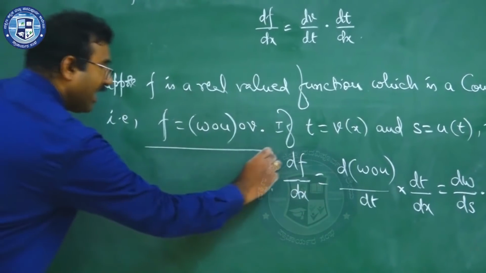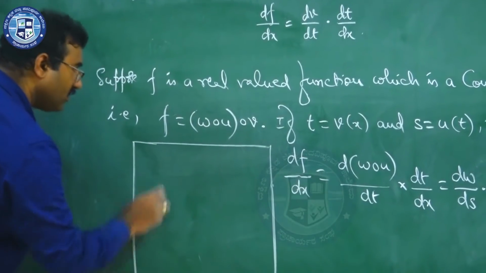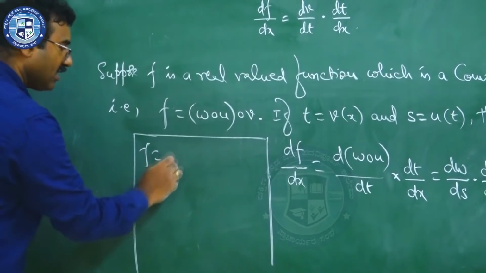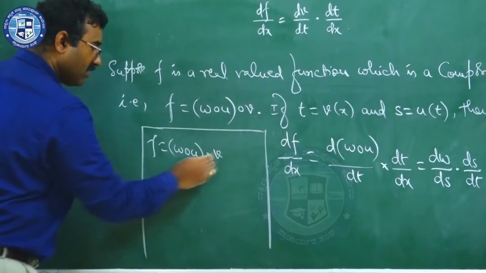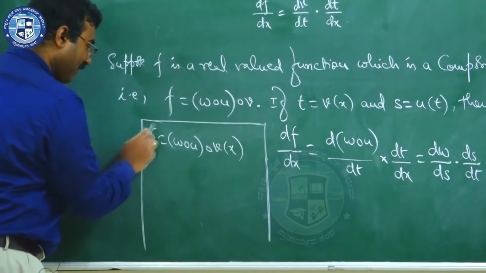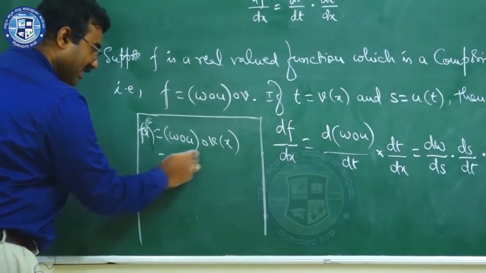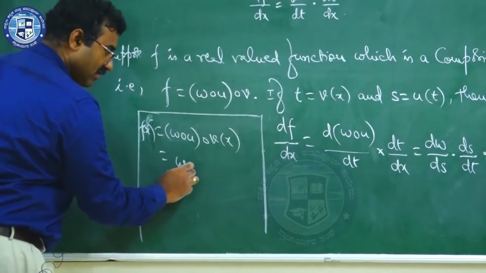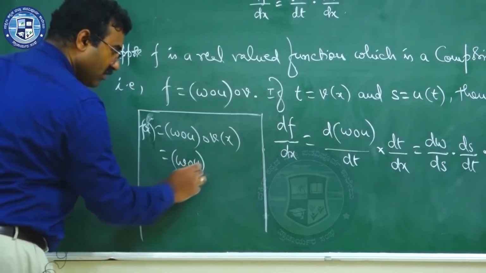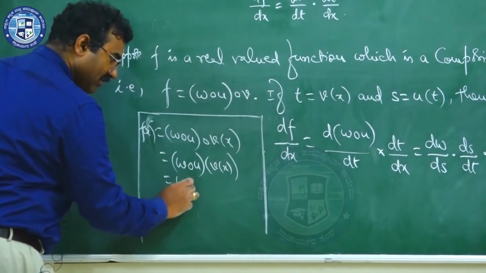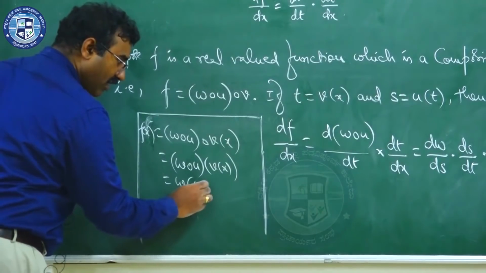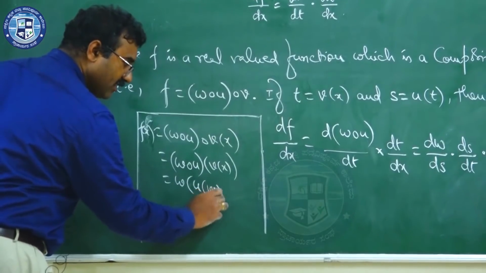I will explain this one. f is equal to w composition u composition v, so f of x is nothing but w of u of v of x.